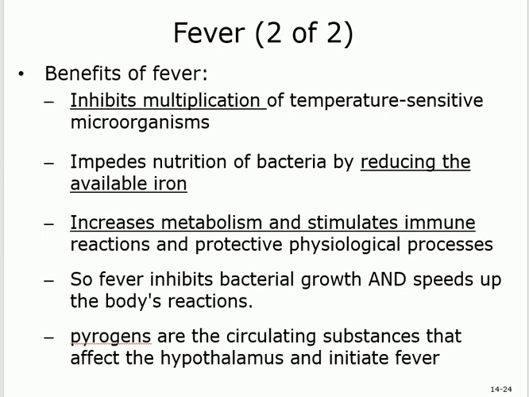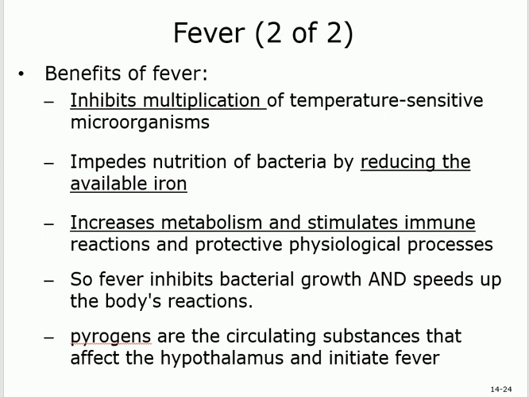Number two, it's going to impede the nutrition of the bacteria. The availability of the nutrition that the bacteria need becomes less. The presence of heat somehow reduces the available iron. This is two. Number three, when the body temperature goes up, metabolism accelerates. When metabolism accelerates, you get more energy, and the immune response is stimulated as well.